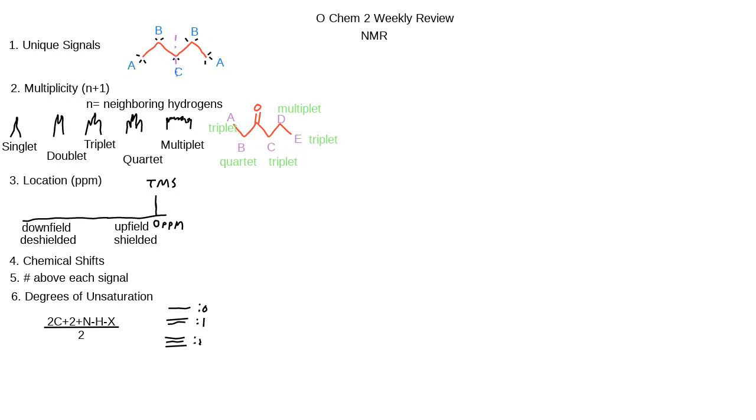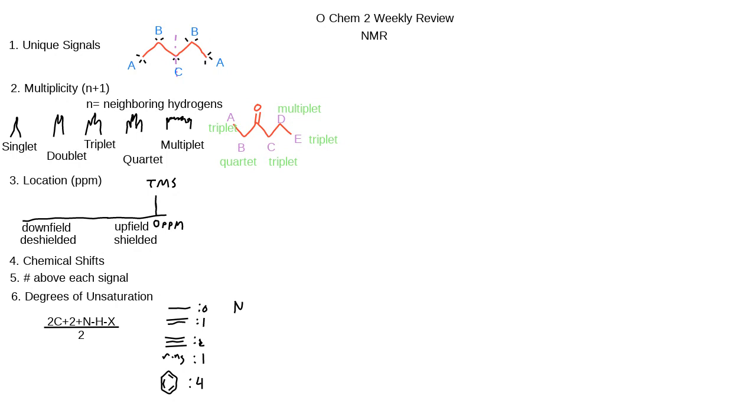Every ring also has a degree of unsaturation of 1. And a benzene ring, which has 3 double bonds, as well as a ring. So altogether, a benzene ring has 4 degrees of unsaturation.